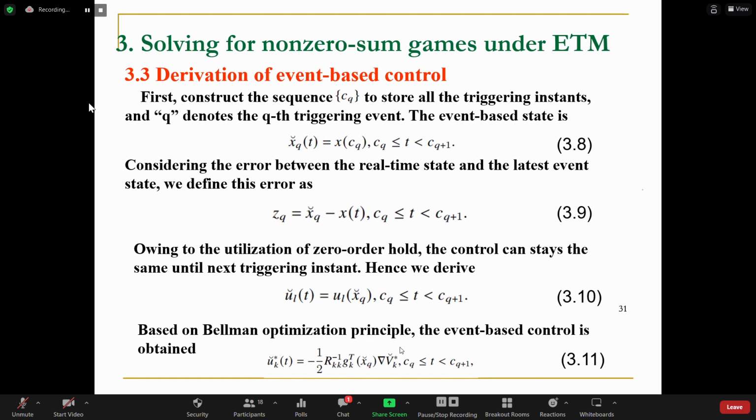We derive the event-triggered control. First, we need to construct the time sequence to store all the triggering instants, and we consider the error between the real-time state and the latest event state. Based on the Bellman optimality principle, we can derive the event-based control.